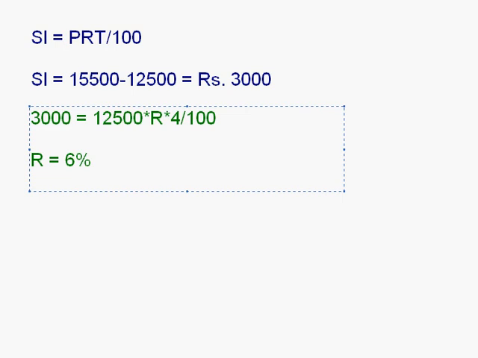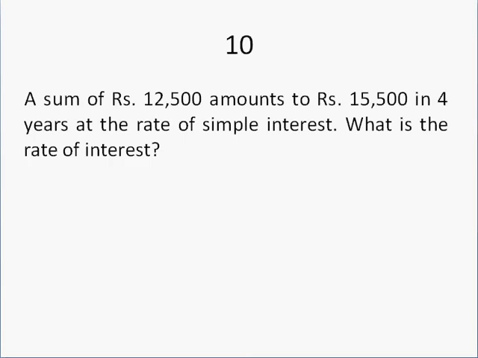So an easy question. What we did is we wrote the simple interest formula first, and the question has given the sum 12,500, which is amounting to rupees 15,500. That means simple interest is added in this particular value. That's why we are getting more money after 4 years, right?